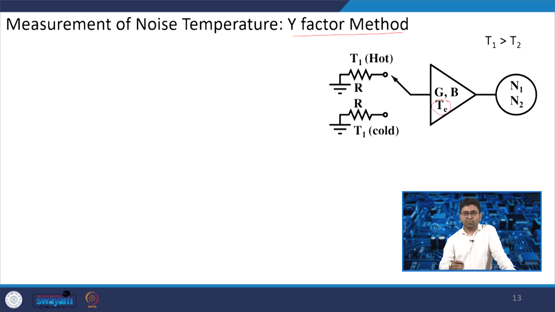Generally, first you connect your input to the hot source at a known temperature T1, and then you find the output power N1. After that you connect the cold source, and then you find the output power N2. So, you get output powers N1 and N2, and the ratio of N1 and N2 will give you the Y factor.